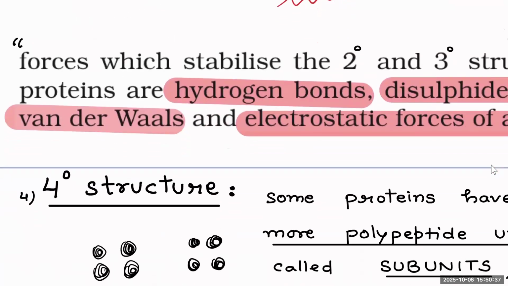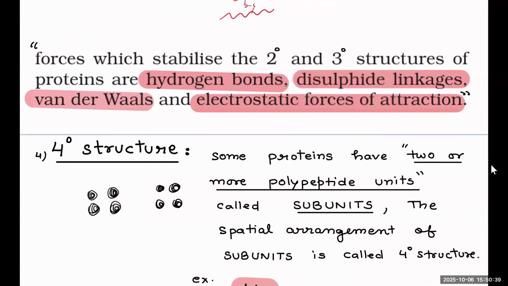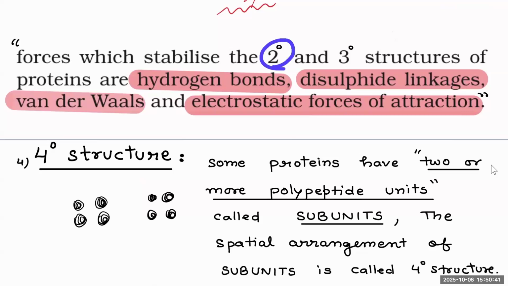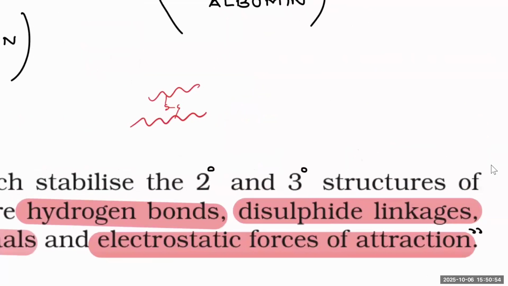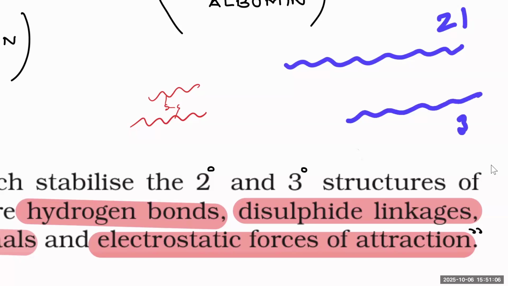You can see the forces which stabilize 2 degree and 3 degree, right? 2 degree and 3 degree can be formed by multiple types of attractions. What are those? It could be hydrogen bonding. It could be having disulfide linkage. What does that mean? See, if you notice insulin, right? Insulin will have a chain like this of 21 amino acids. And then there is one more chain of 30 amino acids.